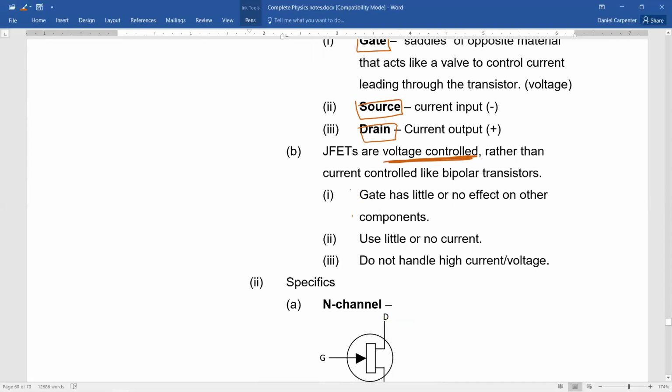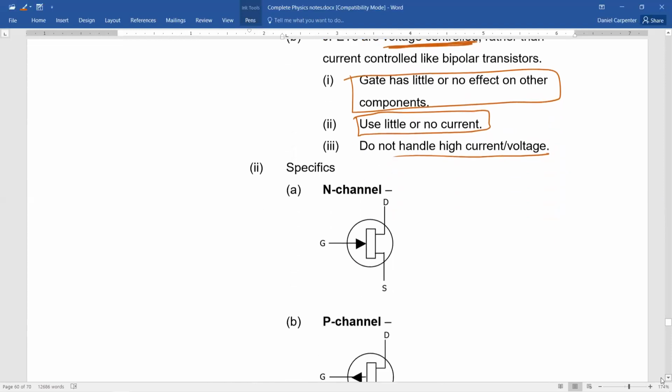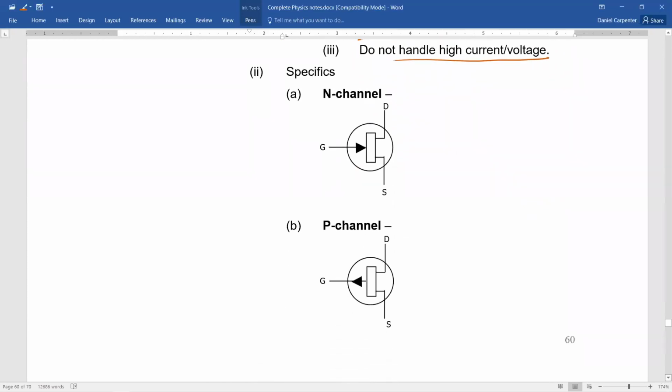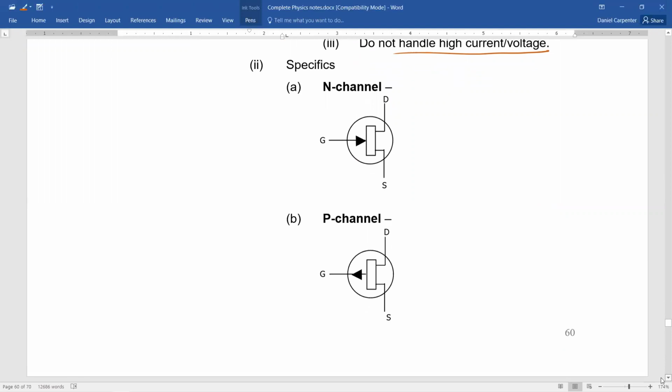So the gate has little or no effect on the components other than to allow it to work, which I guess you could say was an important effect. They use little or no current, but they do not handle high current or high voltage. So instead of calling them types, we call them channels: N channel, P channel, and there's the schematics.